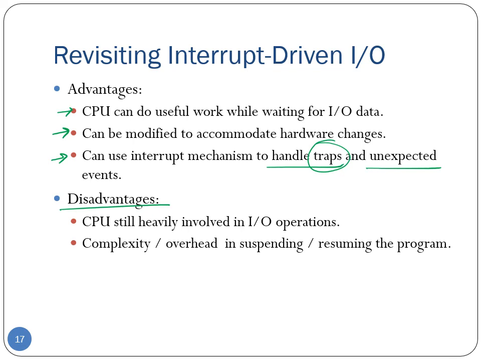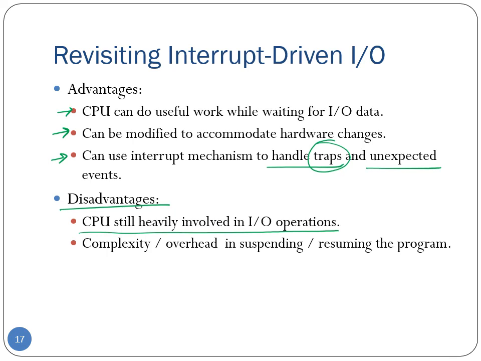One important disadvantage is, although interrupt driven IO saves time with respect to polling based communication, the CPU is still heavily involved in the IO operations. So note that for every word that is being transferred, the CPU will have to go set up the IO device, and then it will come back and start executing some other process.